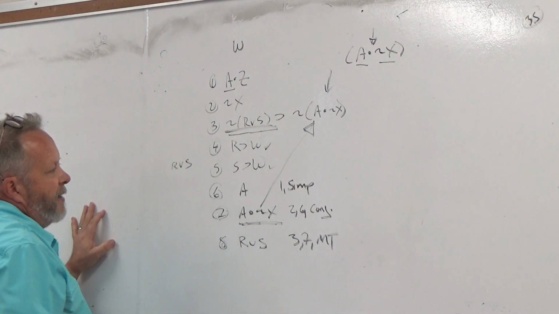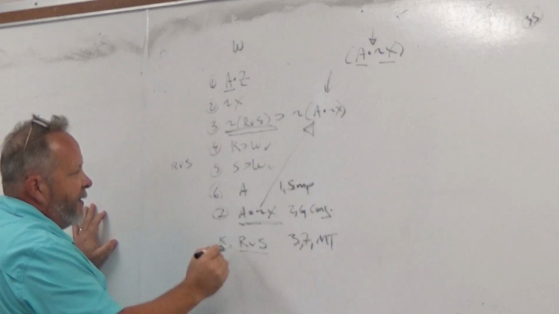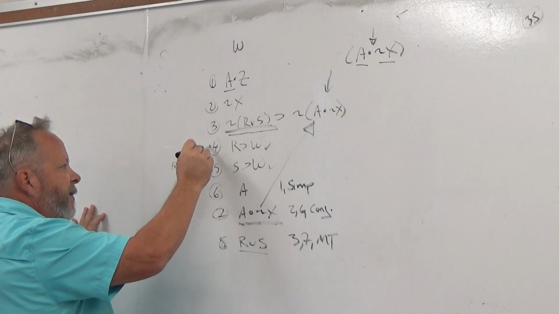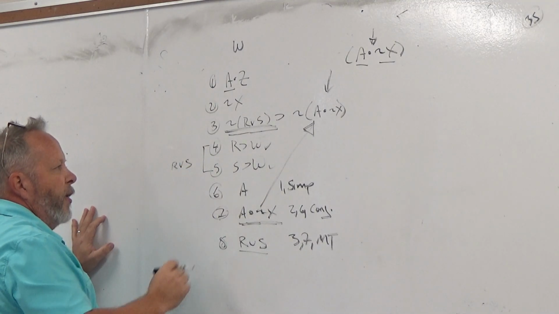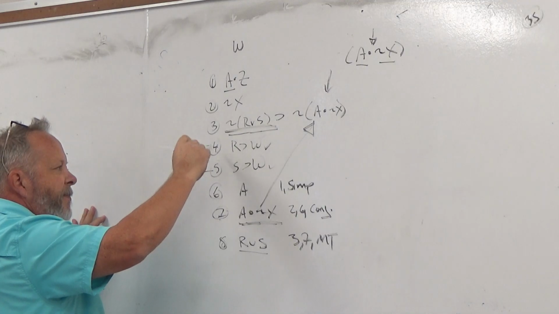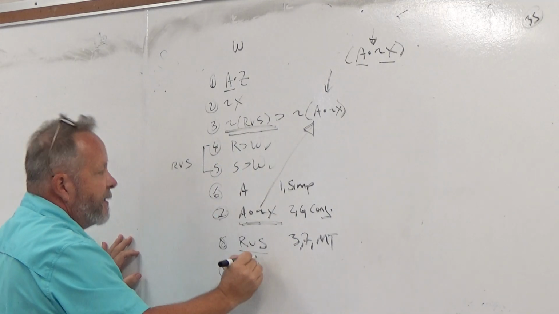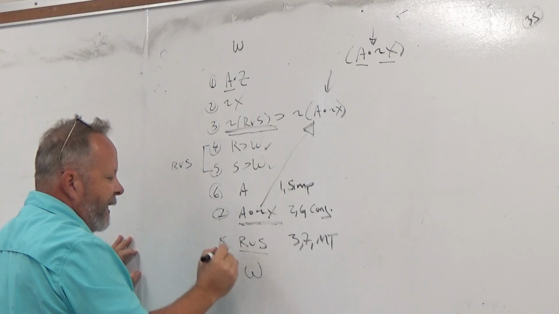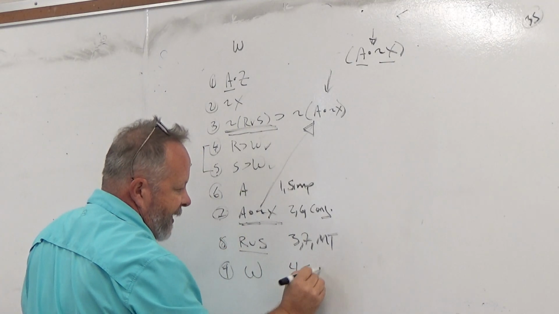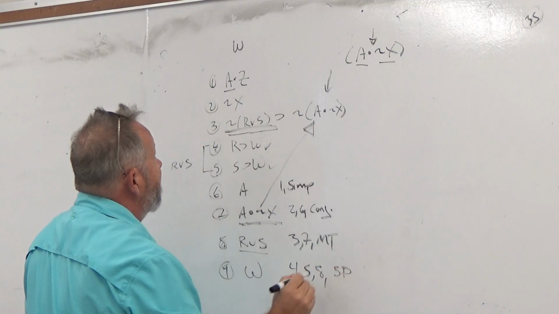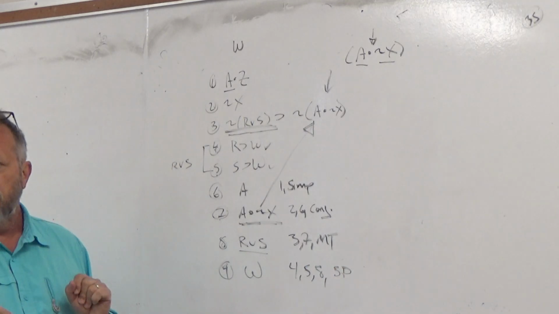Why did I get that? Because I noticed right in the very beginning that if I had R or S, I could do a simple dilemma with 4 and 5 to get W. So W, 4, 5, 8, simple dilemma, and I'm done.